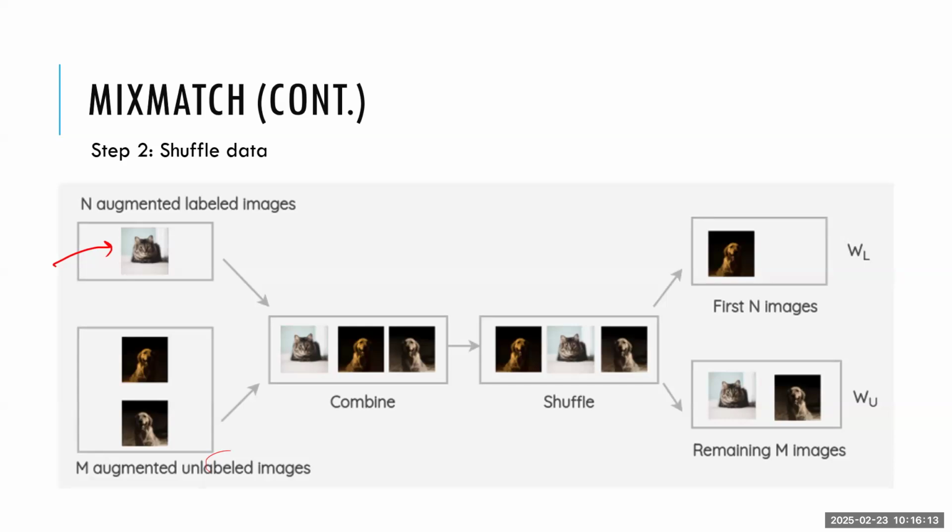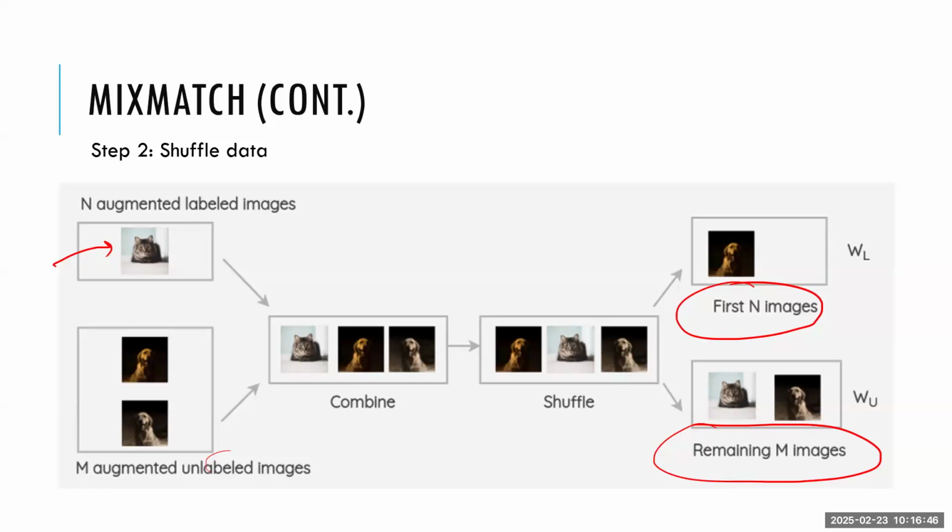We shuffle them, and then we split into the first N images and the remaining M images. So we start with one set of labeled and one set of unlabeled, then you mix, and you get two groups. But each group will be a mix between labeled and unlabeled.